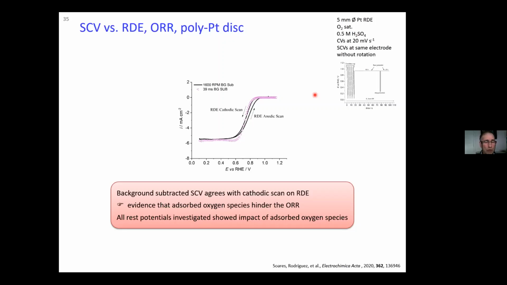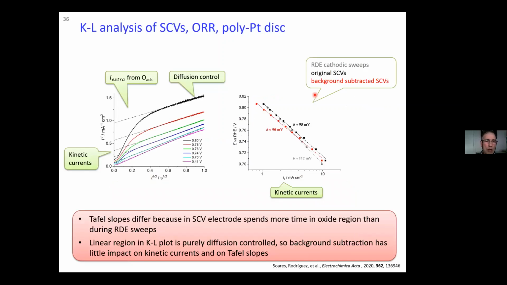So we wanted to see if we could push the analysis of the sample current voltammograms further. What Sibel did was to plot the inverse of the current against the square root of time to create an analogue to a Koutecky-Levich plot, as you would do with a rotating disk electrode.